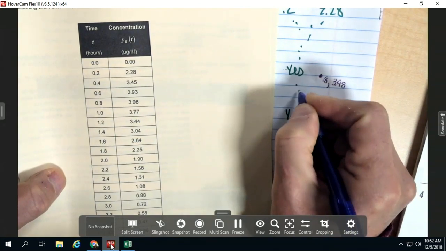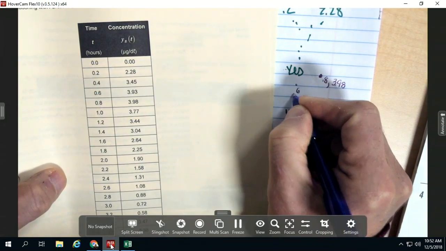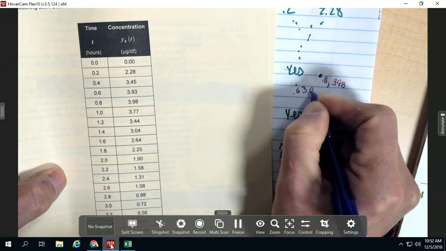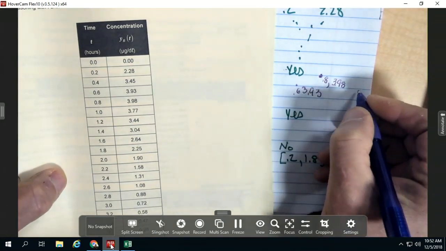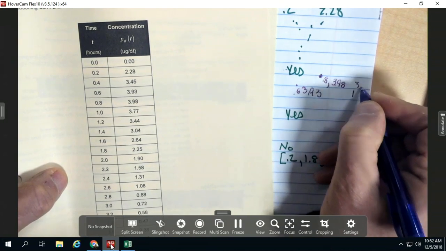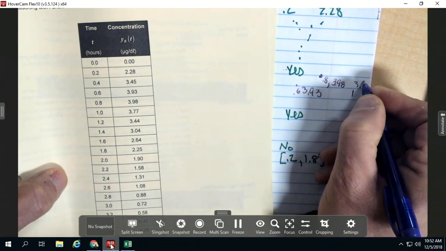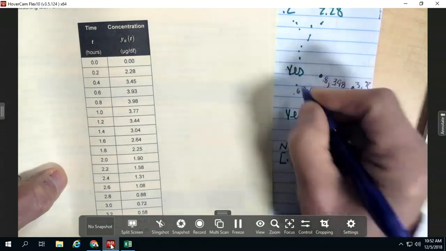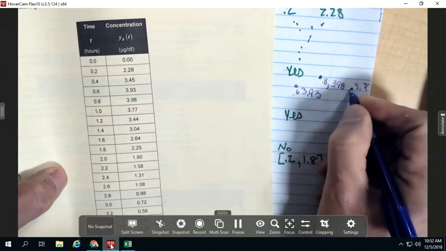At 0.6, you're at 3.93. And at 1, you're at 3.77. So here's the 3 points that we know.